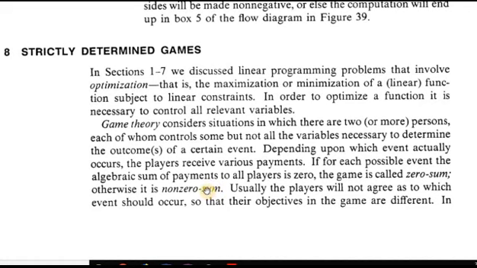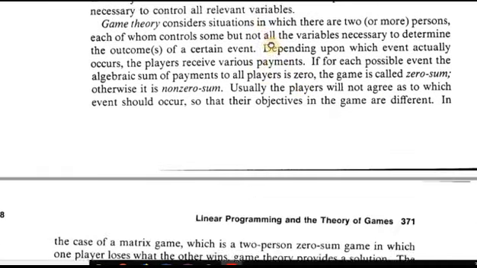That doesn't mean it's a fair game. It just means that my benefit is his loss and vice versa. Right. Usually the players will not agree as to which event should occur, so their objectives in the game are different. So obviously that's going to be true. If what I win, then he loses. Right. So he's going to want to win as much as he can, and I'm going to want to win as much as I can.